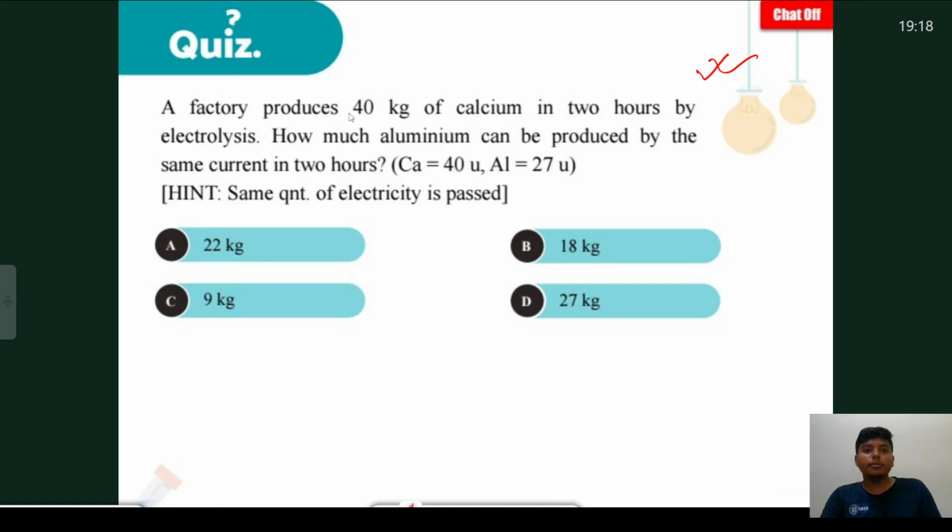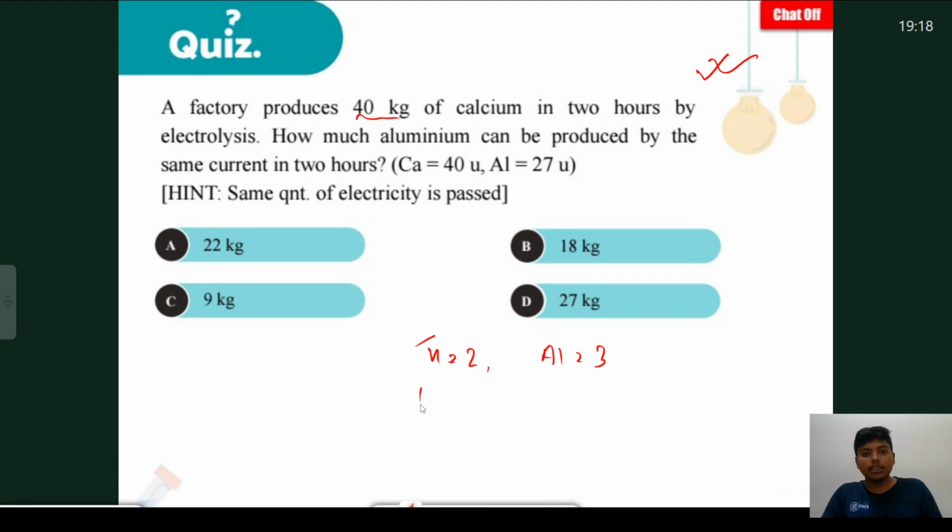So what? A factory produces 40 kg of calcium in 2 hours by electrolysis. How much aluminum can be produced by the same current in 2 hours? Simple thing. In case of calcium, n factor is 2; in case of aluminum, n factor is 3. Yes or no?